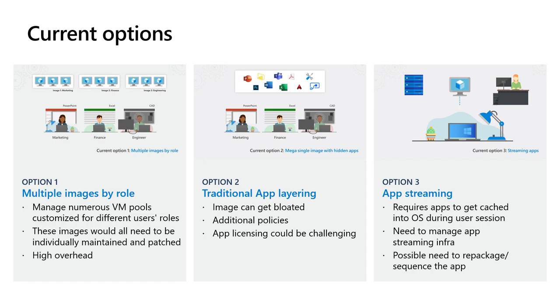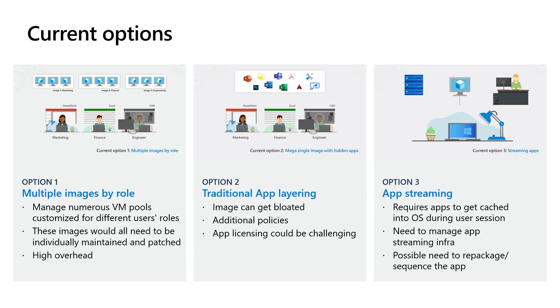The second way that we see is traditionally under the bucket of technologies called app layering, app masking, app volumes. There are a number of solutions there, and these are great solutions for particular use cases. The one common theme to them, though, is the hiding and unmasking of apps as you need them for certain users.